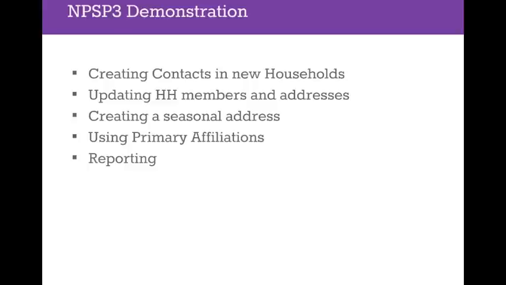You can use it simply to have multiple addresses for a contact, which aren't driven by date, so they don't necessarily change. But seasonal addresses are for addresses that change during the year, at times you know in advance. We'll show you how that works, because you can set up start dates and end dates on those addresses.